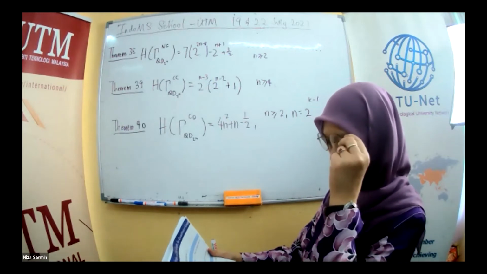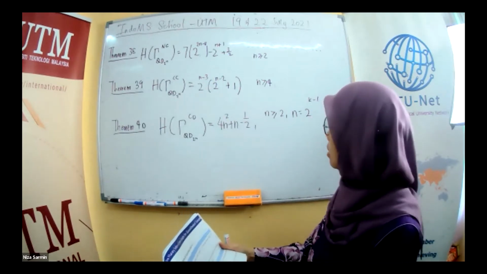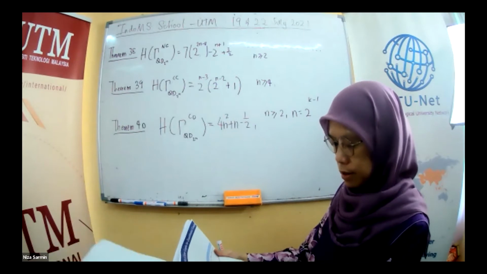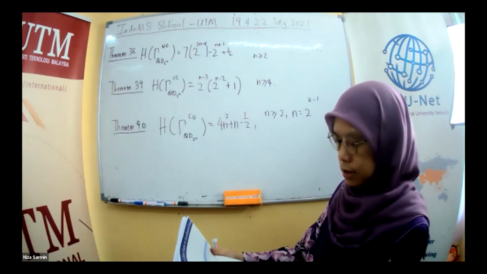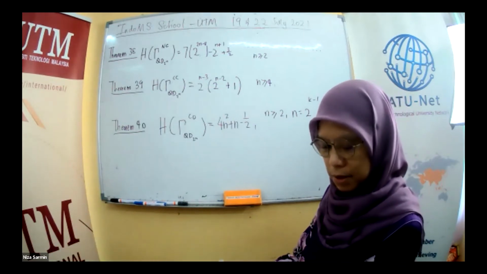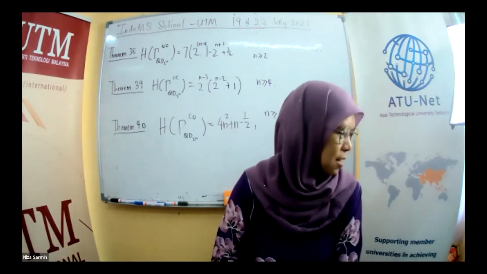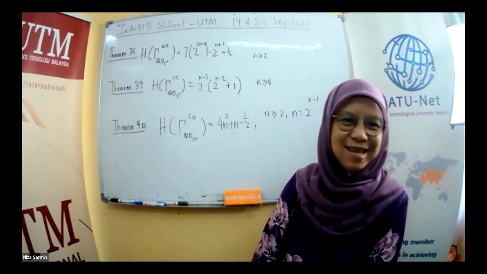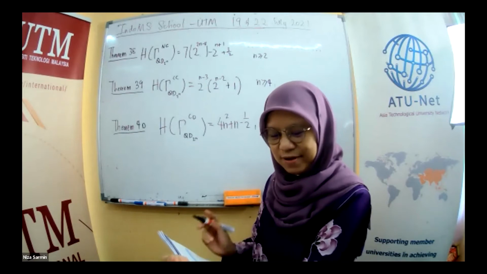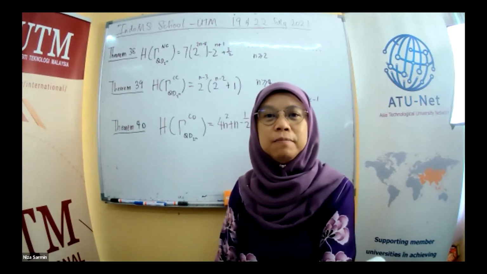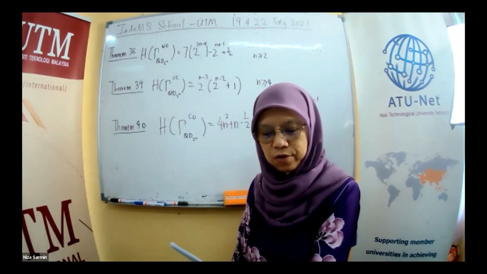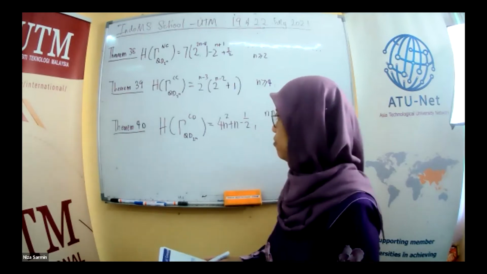And then the third one, all right, the third one is, I'm missing the word graph in the name. You can add the G in the graph. The Harary index of the co-prime graph for QD, and theorem 40. Yeah?